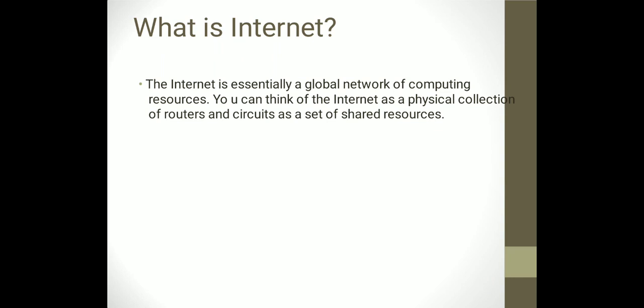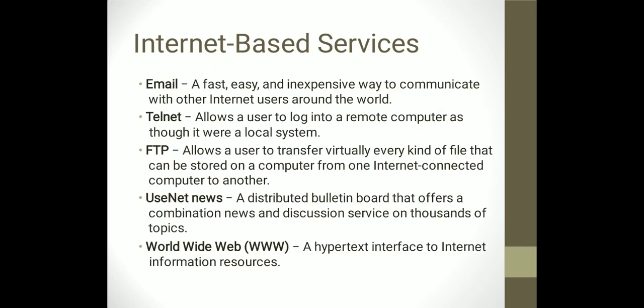The internet is essentially a global network of computing resources, and you can think of the internet as a physical collection of routers and circuits, as a set of shared resources. In this way the web becomes the protocol-based thing, or the web page holder. It is holding so many web pages at the same time.